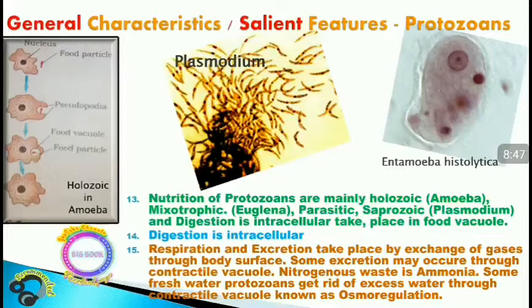The next point is respiration and excretion, which take place by exchange of gases through the body surface. Some excretion may occur through the contractile vacuole. Nitrogenous waste is ammonia.